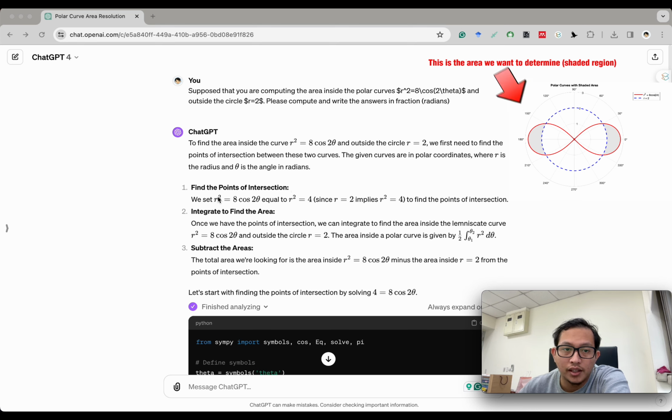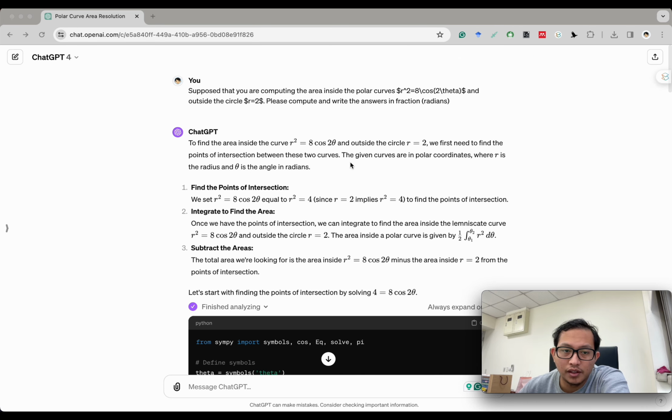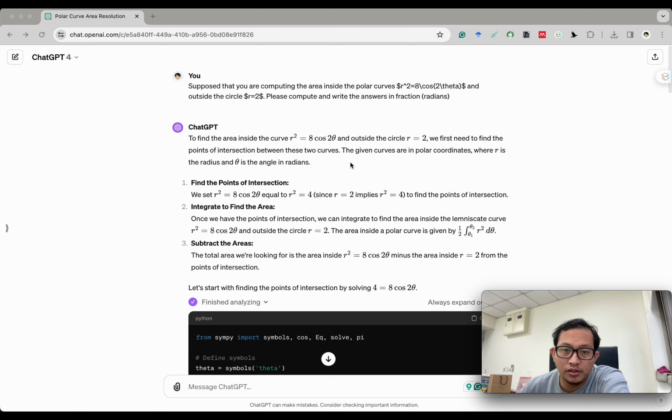Then we integrate the area, which is very straightforward, and then subtract the areas, making sure the area is inside the lemniscate but outside the circle. ChatGPT will automatically calculate using Python.